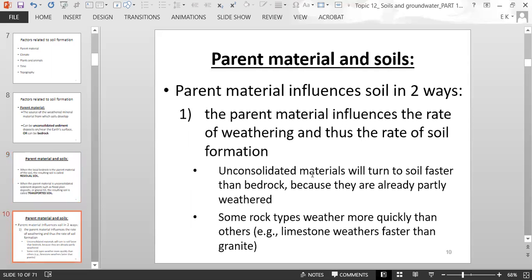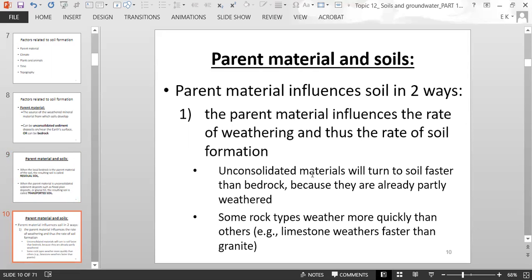And the parent material influences soil in two ways. It influences the rate of weathering and thus the rate of soil formation. So unconsolidated materials will turn to soil faster than bedrock because they were already partly weathered.